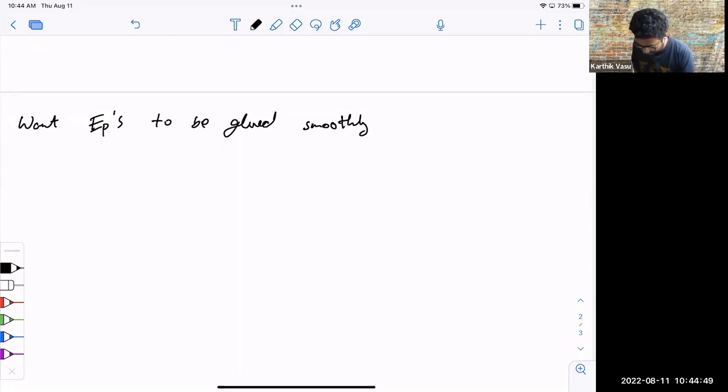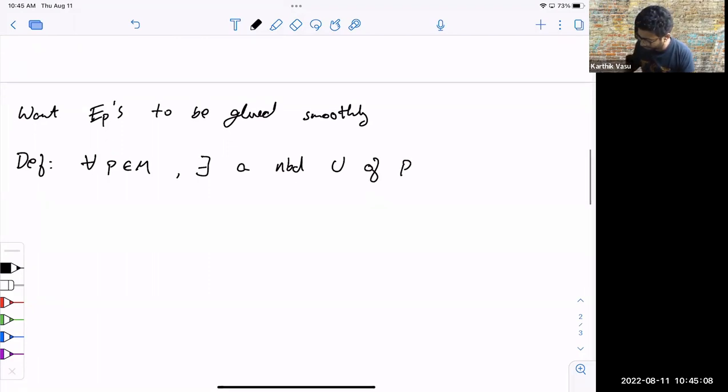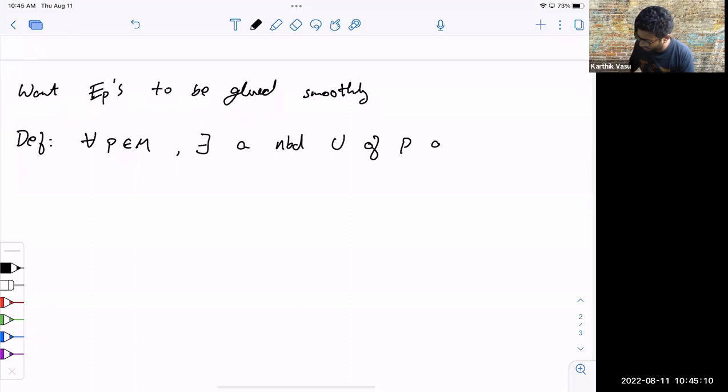So let's call this the definition. For all P in M, there exists a neighborhood U of P and a map Phi.